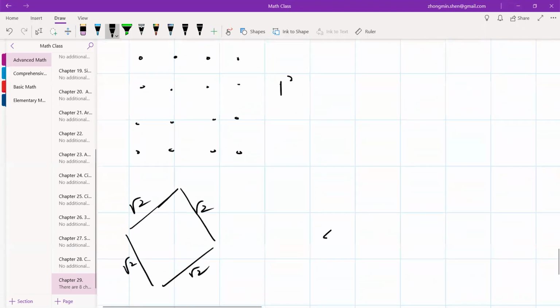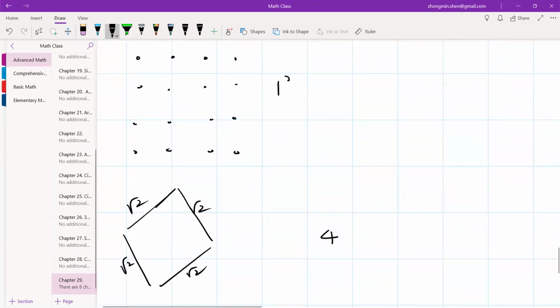Now, are there any other squares? I think you can find another one. Okay, let's try this. All right, and you rotate. So there are 2 there.